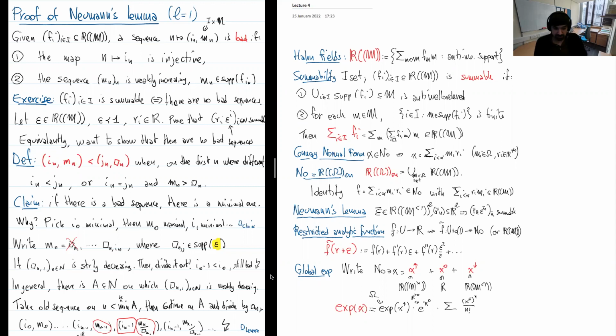Because what happens? The sequence of the i_n by construction is strictly increasing, because I noticed the minimal one at the beginning of a bad sequence. So all the next indices are going to be greater. Otherwise, you could just take another one. So the i_n are increasing.